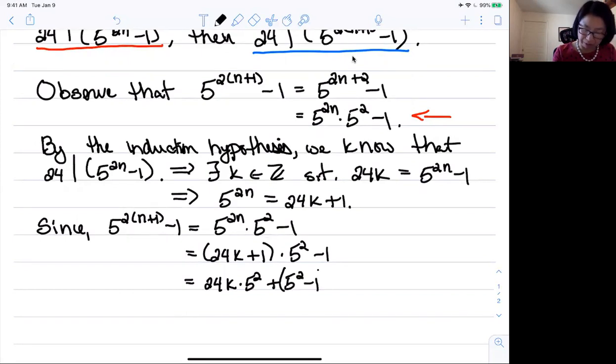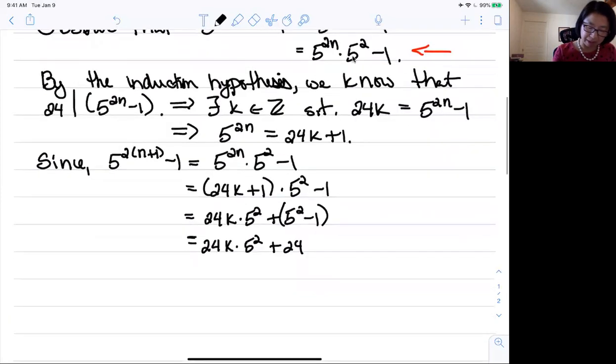But this 5 squared minus 1 is really a 24. So we have 24k times 5 squared plus 24. And that is equal to 24 times, the 5 squared is 25, so 25k plus 1.